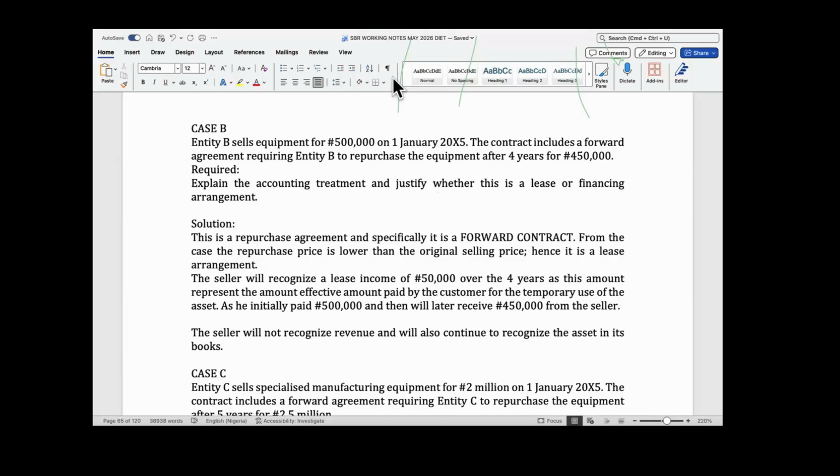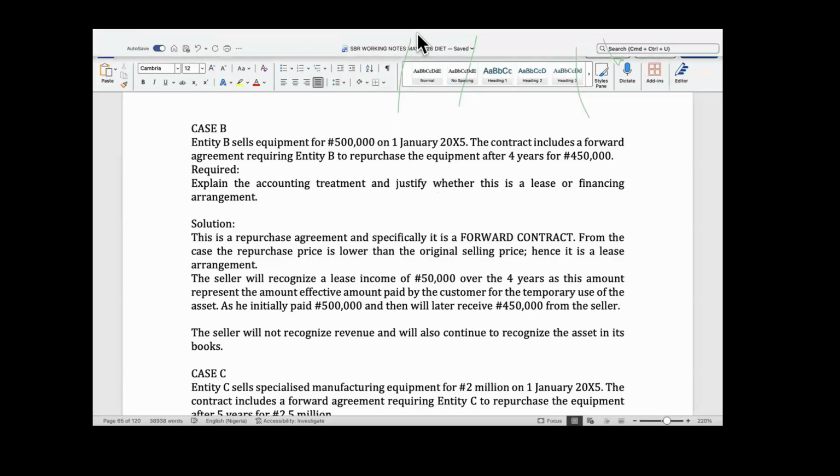Yeah, it's not really a consideration, whatever you use the money for. What is important is that it is borrowed money. Okay, sir. Okay. So that is how that works.